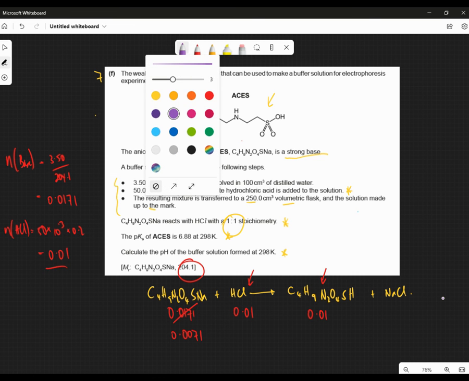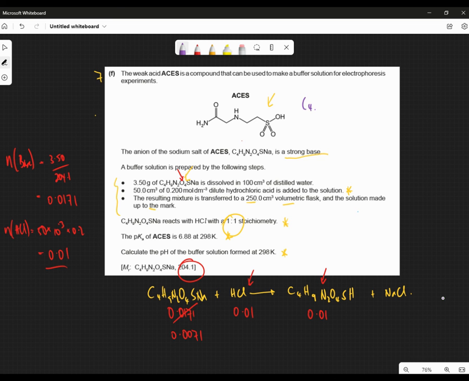Now, I know maybe you don't see this, but if you look at this the other way round, this now becomes C4H9N2O4SH. This stuff is in equilibrium with C4H9N2O4S minus H plus. It's the reverse of this.